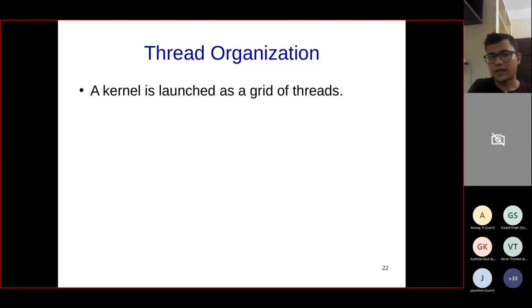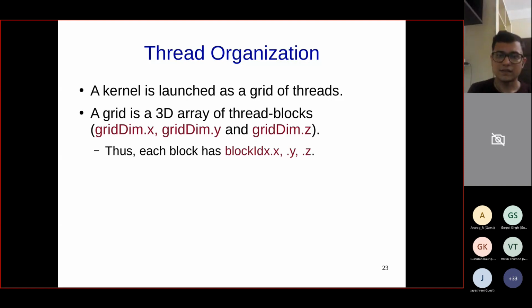As I said, this grid is a three-dimensional data structure, and it is made up of thread blocks, in a similar way as that Rubik's cube is made up of small cubes. Think of the Rubik's cube as the grid, and the small cubes it is made of as thread blocks.